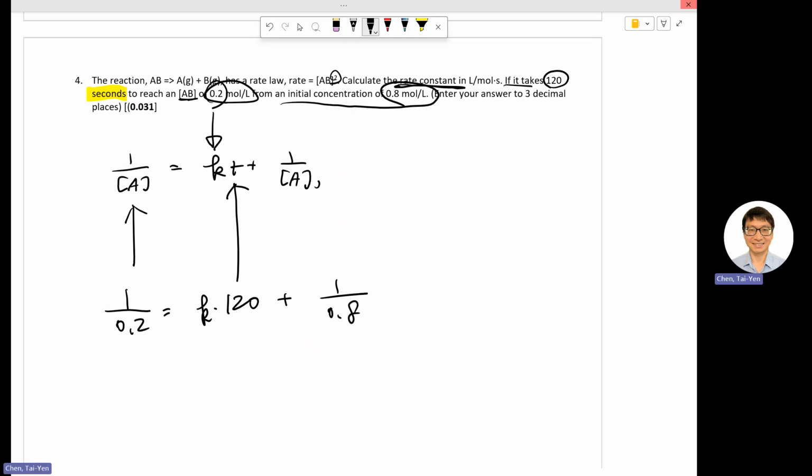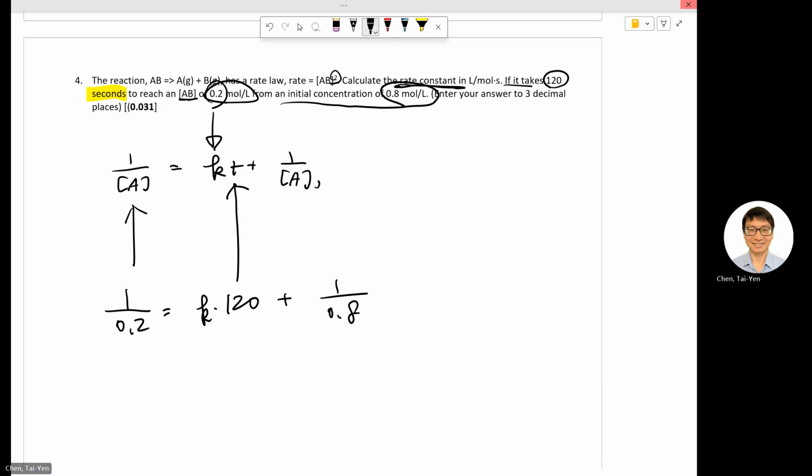It's simple because we can recognize the keyword is seconds, and from the differential rate law it is second order. Then you can write out the equation immediately, reread your question to input the information that has been provided, and solve for the unknown, which is the one you are looking for.